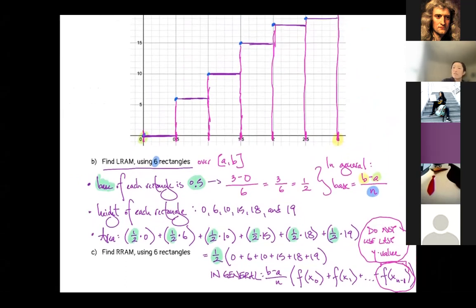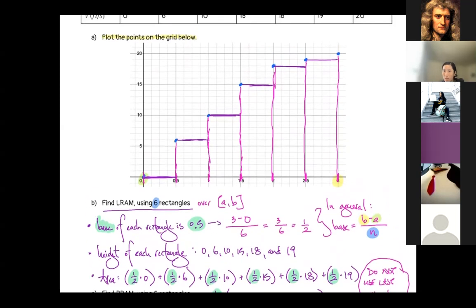Does it make sense to folks why we do not use that last y value for the left approximation? I've got one yes. It's okay to say no. You can send that to me privately if you wish. Okay. So let's maybe look at that picture again.